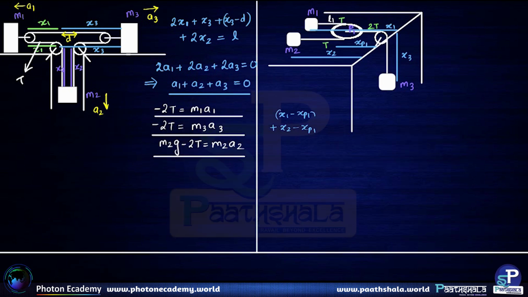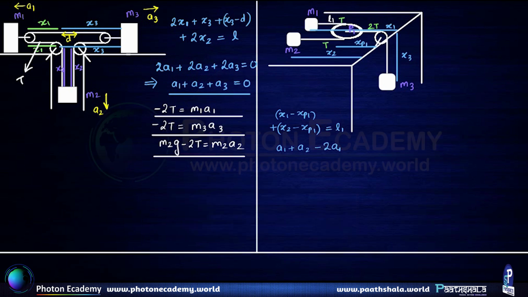So these are the two segments of the string L1. So this happens to be the length of the string L1. On double differentiating, we get a1 plus a2 minus 2ap1 is equal to 0.